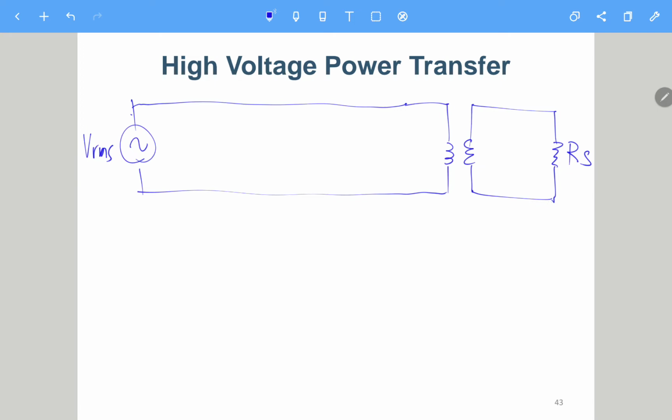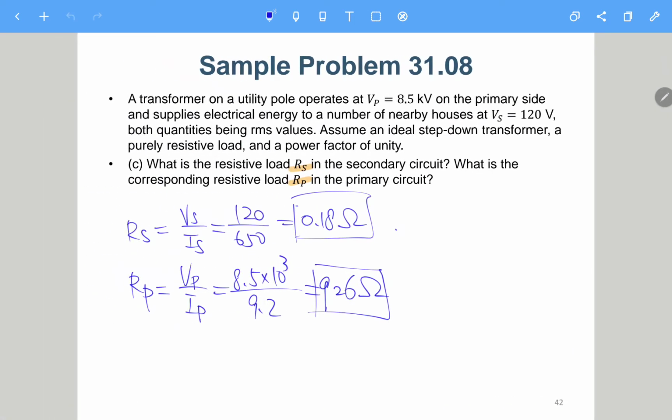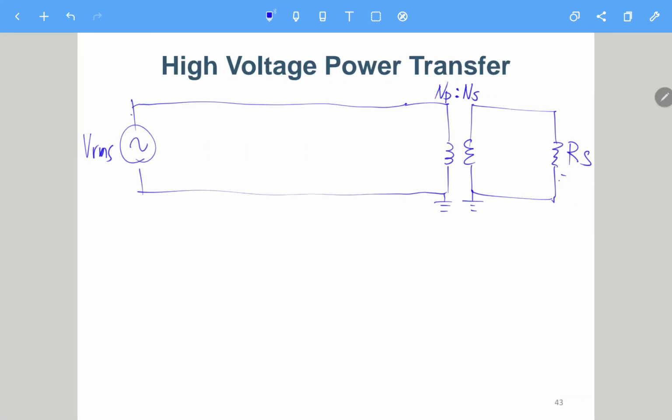Okay, so maybe you can just define this as a ground. Simply like this. Here we have something like NP to NS. And then here, as we calculated, this is 0.18 ohm.